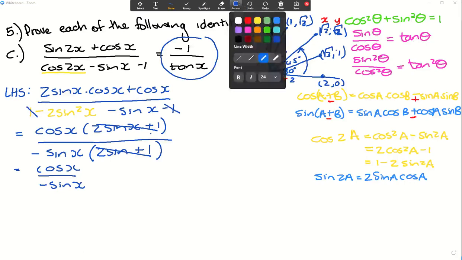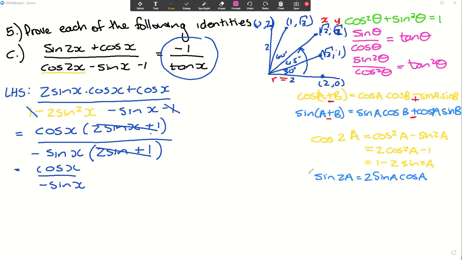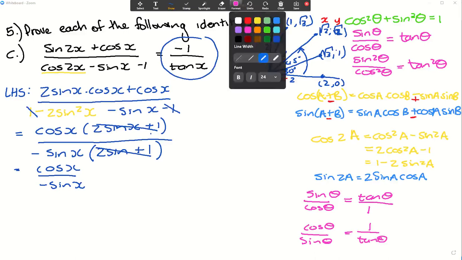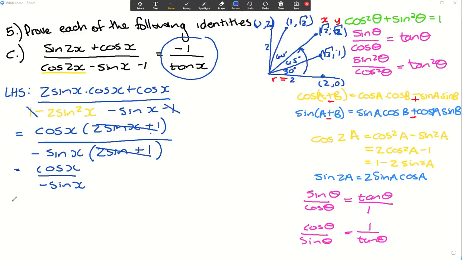If I have sin theta over cos theta, and it is equal to tan theta over 1, and if I flip this, being cos theta over sin theta, I can flip that to 1 over tan theta. And do I not have cos over sin? I definitely do. So because I've got cos over sin, I can end up going 1 over tan theta.